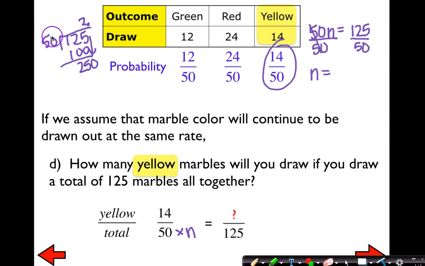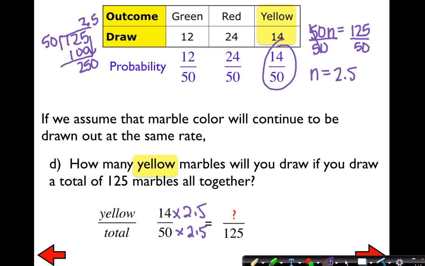Okay, 50 goes into 250 five times. So this was not a nice whole number, but I figured out that we would have to multiply 50 by 2.5 in order to get 125. So I'm going to change this n to 2.5, which means in order to figure out this number, I'm just going to also multiply it by 2.5.